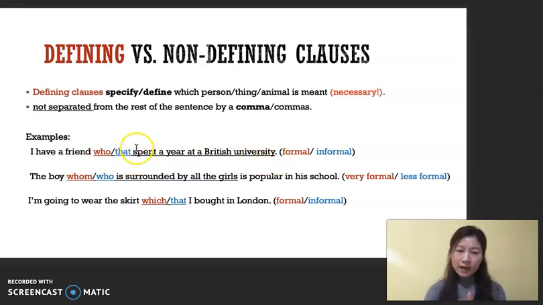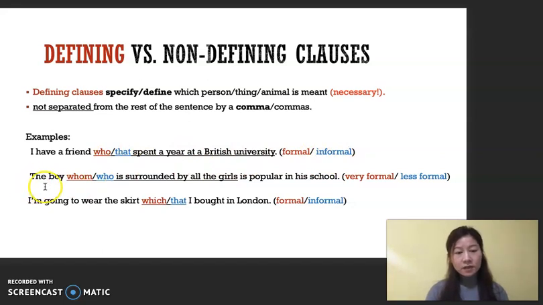I also added this color code here, not to confuse you, but to add some more information on the formality of the usage. If I say I have a friend who spent a year at a British university, that would be more formal. If I use that, it's a bit more informal.